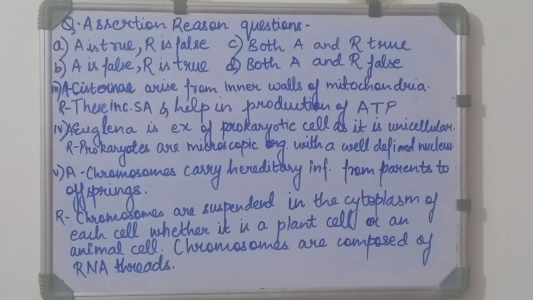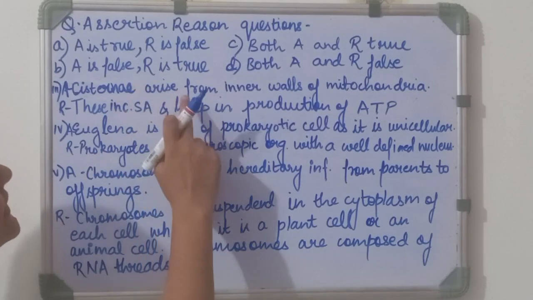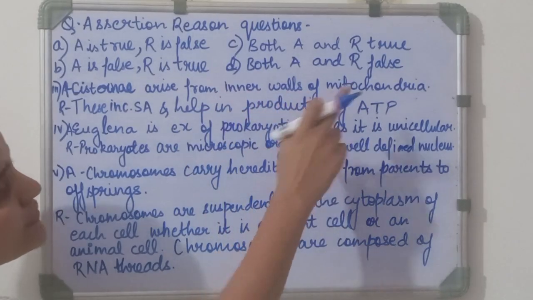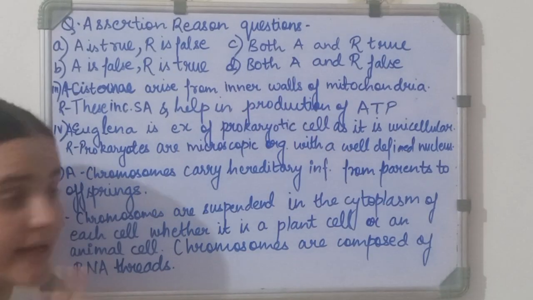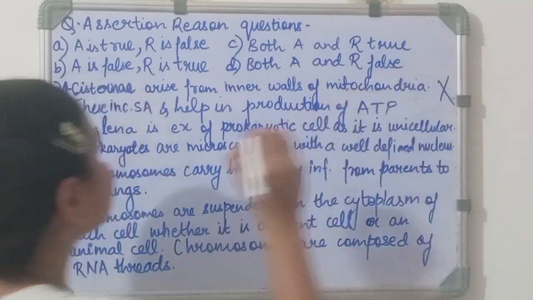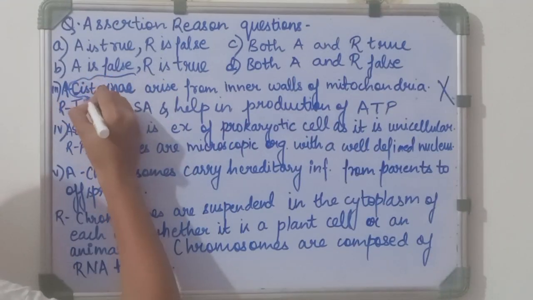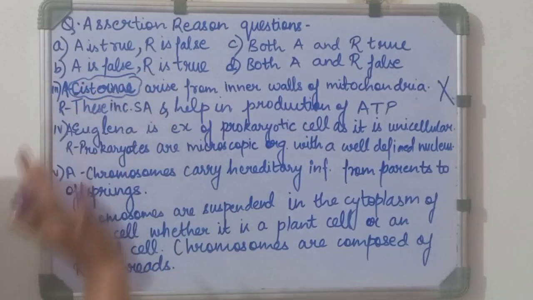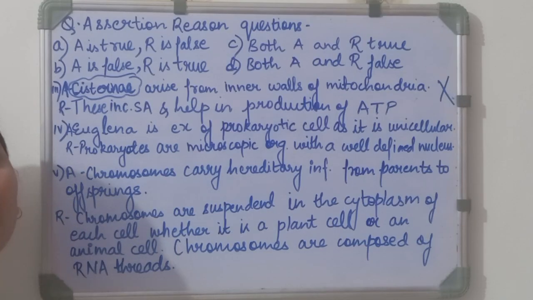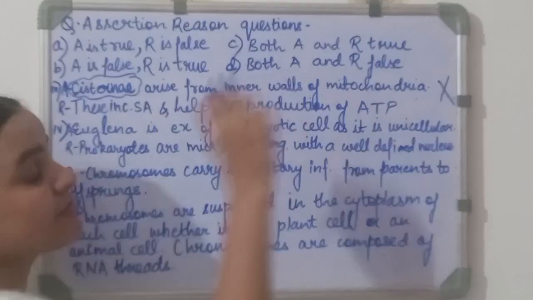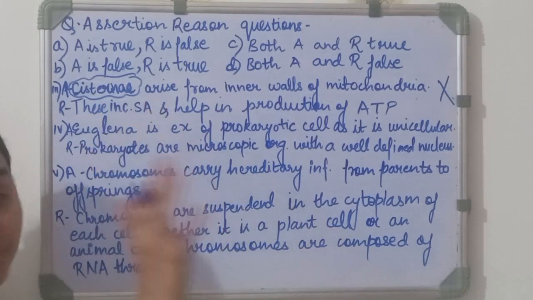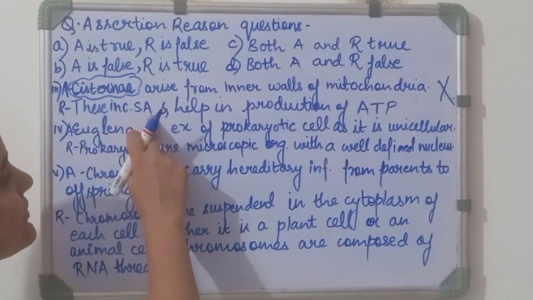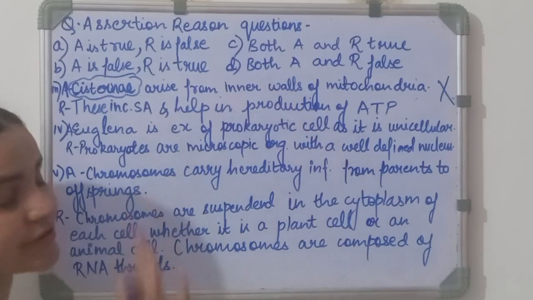Next question. Assertion: cisternae arise from inner walls of mitochondria. Is this correct or incorrect? It is incorrect, because cisternae arise in case of Golgi bodies. In case of mitochondria, cristae arise. Now reason: these projections increase surface area and help in production of ATP.